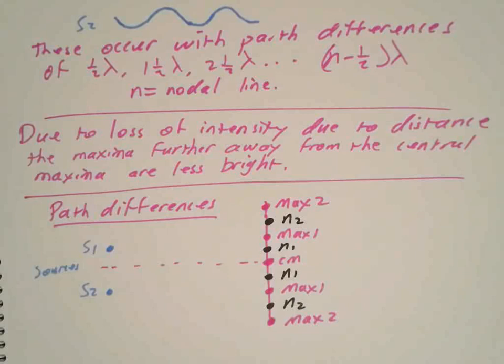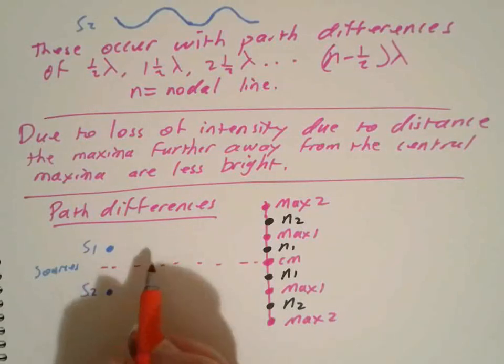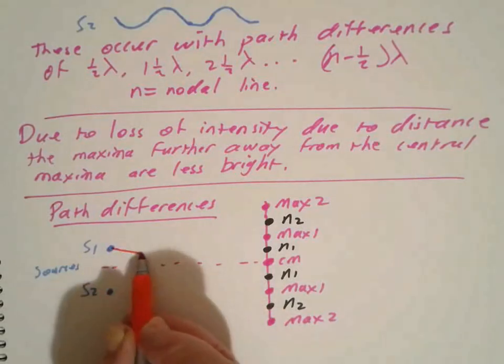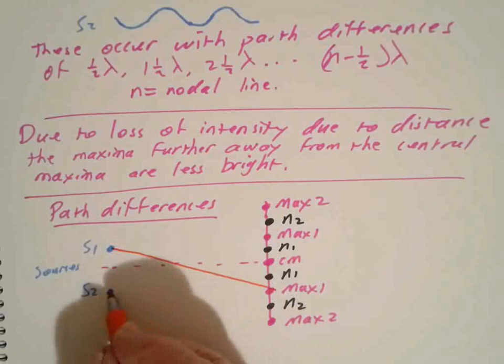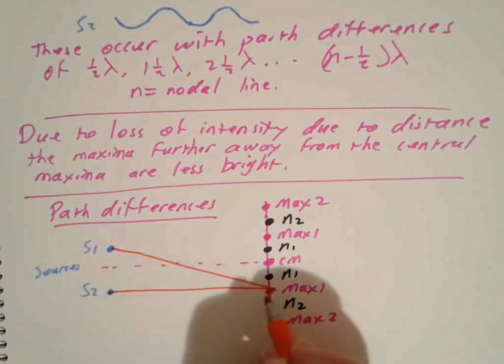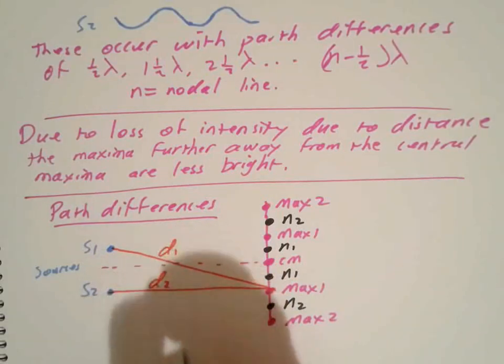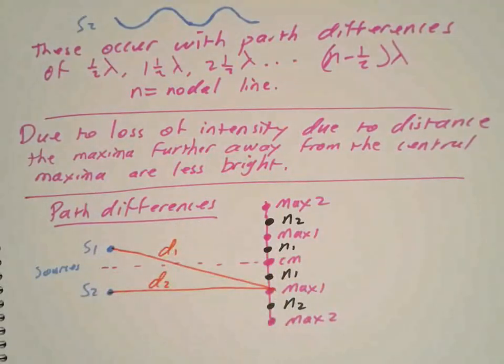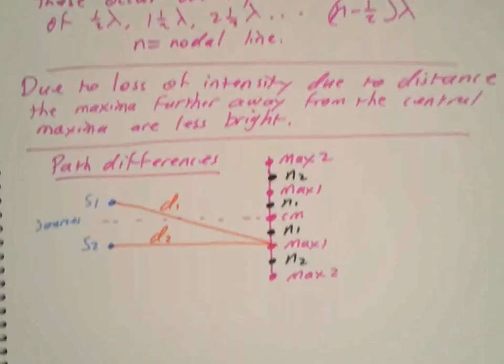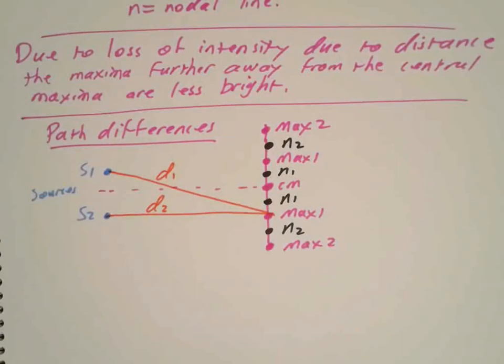Let's do what path difference actually means, because it does mean a physical difference in path. So we'll do the path to the max 1. D1, D2. So distances from the two sources. That's what path difference means. Nothing complicated, nothing weird, it just means a physical difference.